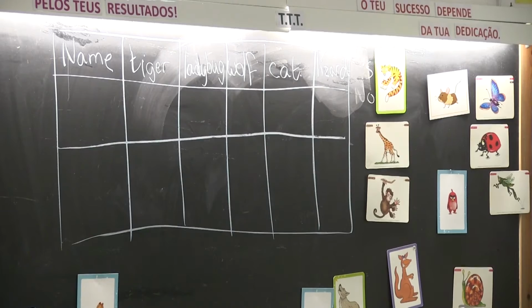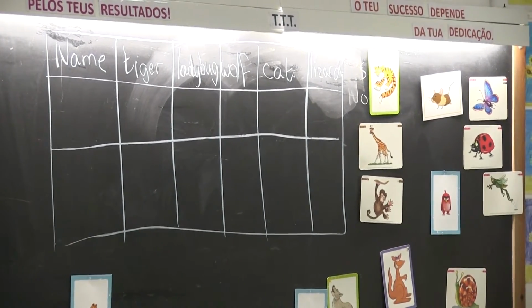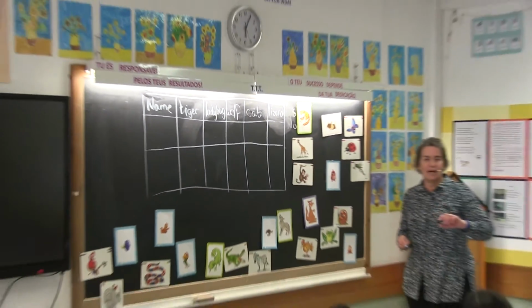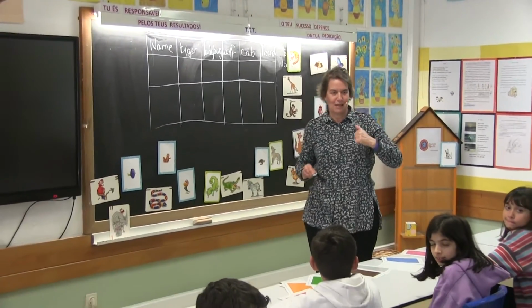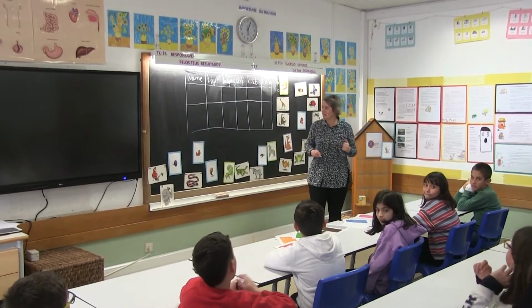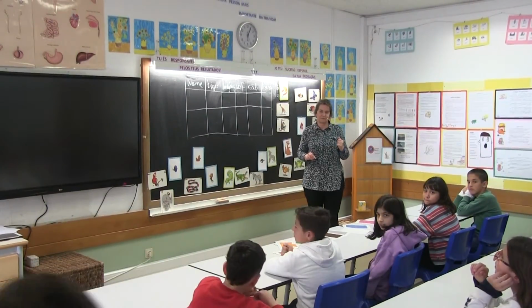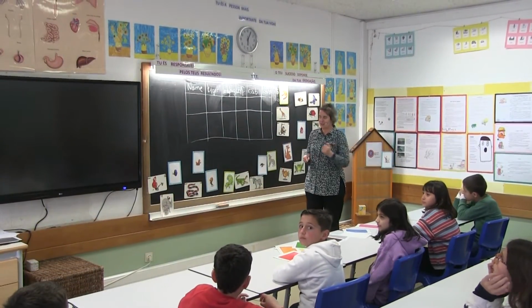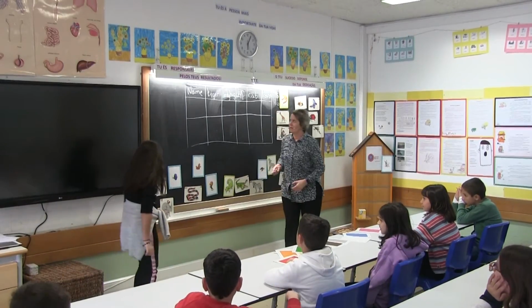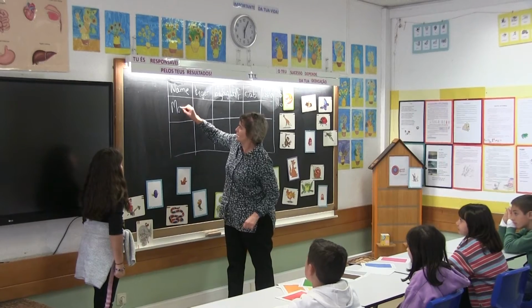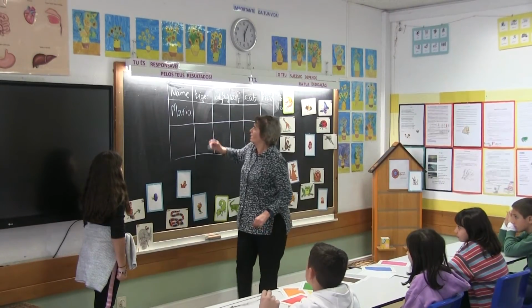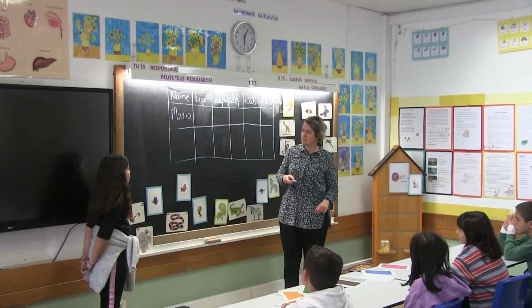So now let's have Maria. Maria, can you come here, please? Okay. You stand over here. All right. So what's your name? Maria. Okay. So I'm going to write here. Maria. Maria, do you like tigers?